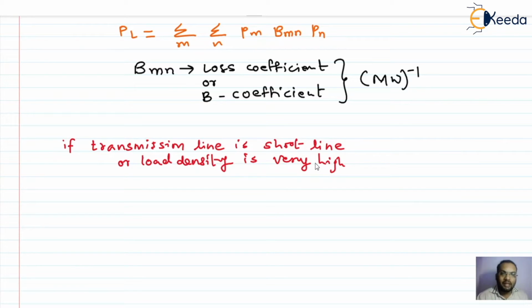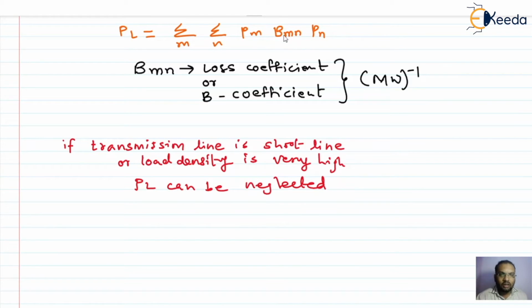If the load density is very high, or if the transmission line length is very short, in that case PL can be neglected. Why can we do that? Because if the transmission line is short, then definitely power loss will be there, but comparatively it will be very small. So if it is a very small value, it is better to neglect it. Or if the load density is very high.